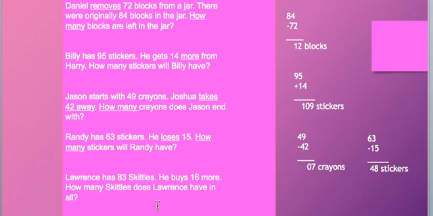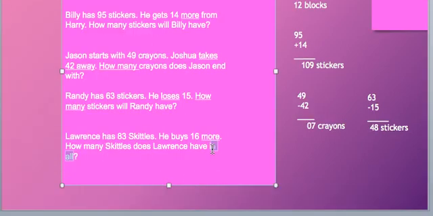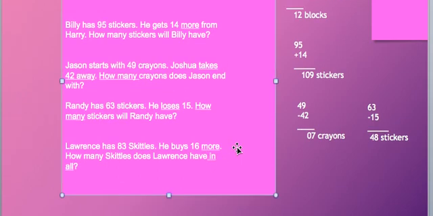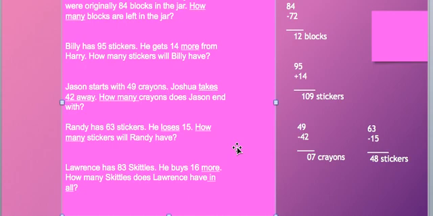All right, and my last one says, Lawrence has 83 Skittles. He buys 16 more. How many Skittles does Lawrence have in all? So, my keywords here are more and in all. Those are keywords that help to identify that this is an addition problem.